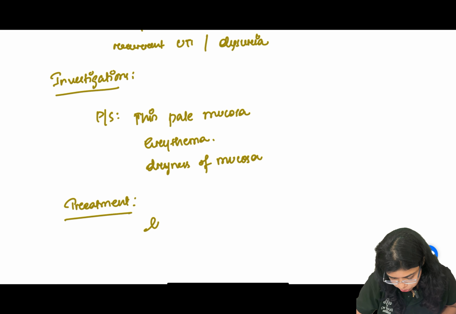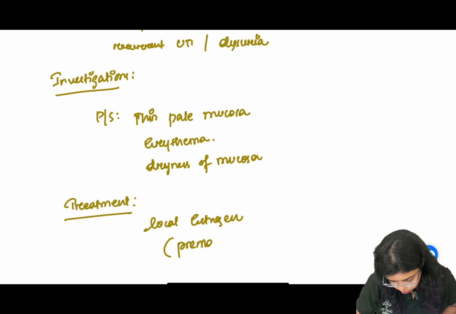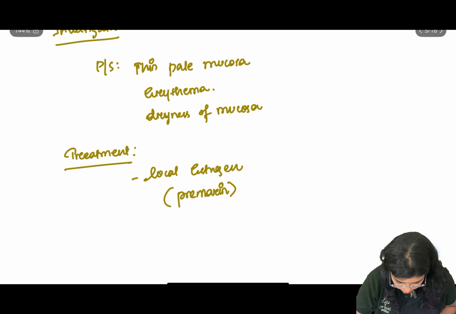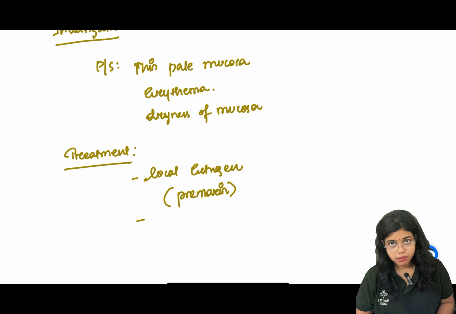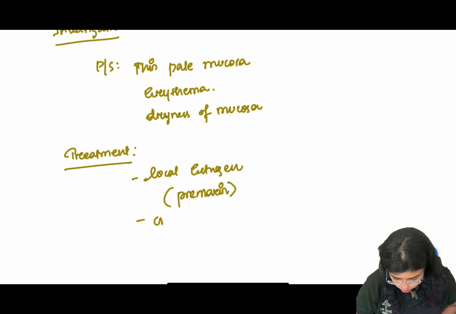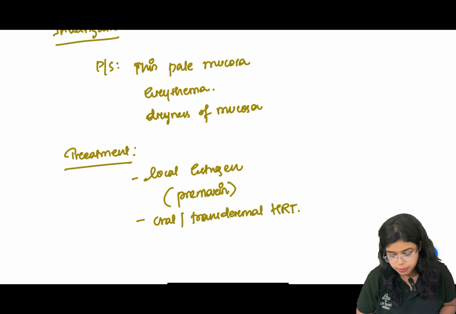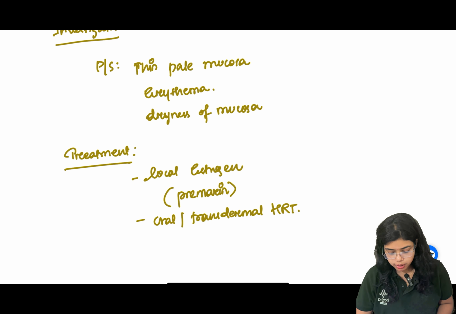We give local estrogen, that is Premarin, local estrogen cream. Also, we can give oral or transdermal HRT, but that is not as effective as local estrogen. Details about HRT or hormone replacement therapy I have discussed in menopause and HRT. You just go and watch there.